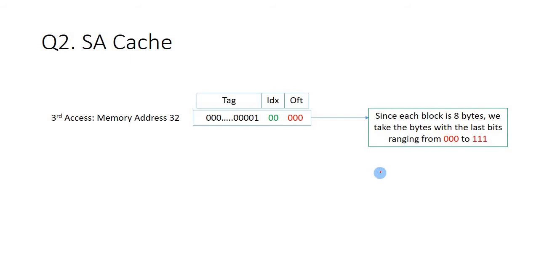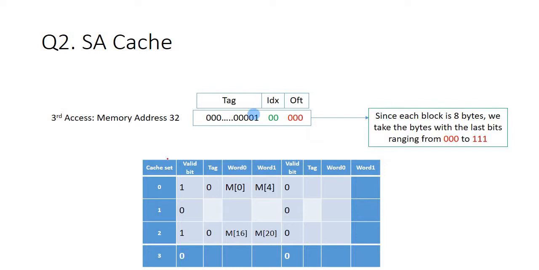The third access is interesting because it points back to cache set 0. In cache set 0, the first block is currently occupied, but the second block is available. Because of this, I am able to keep this information. So I change the valid bit, change the tag information to 1, and this is memory address 32 and memory 36.